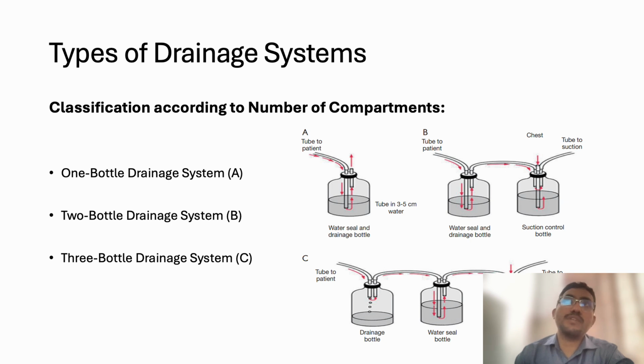If negative pressure is not used, then a vent is required to maintain the atmospheric pressure in the system. Then a two bottle drainage system has two compartments. The first compartment is the water seal and drainage bottle, and the second compartment is used for suction. Whereas in a three bottle drainage system, the drainage, water seal, and the suction are all separate.